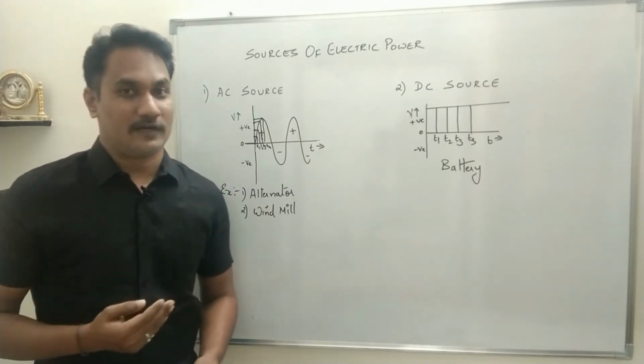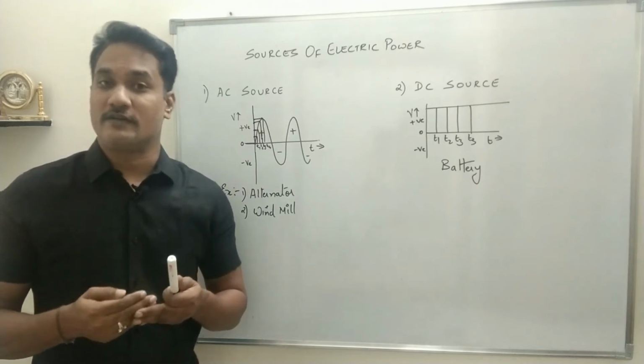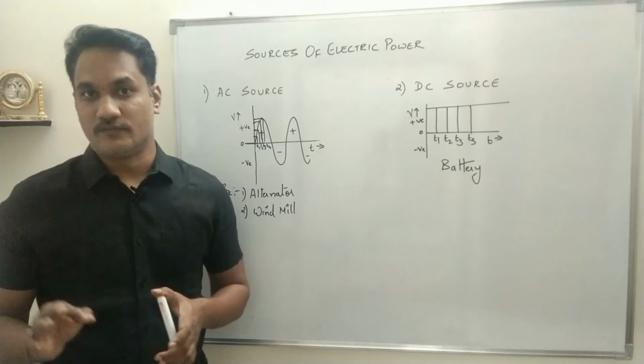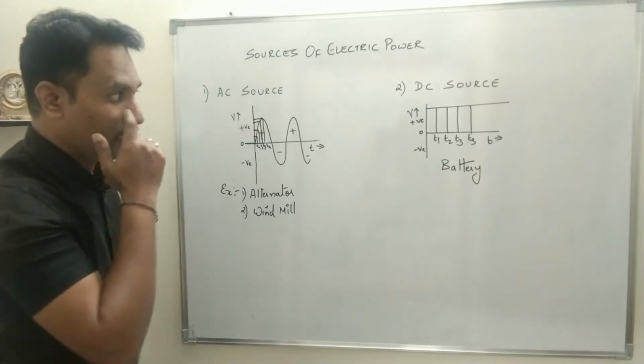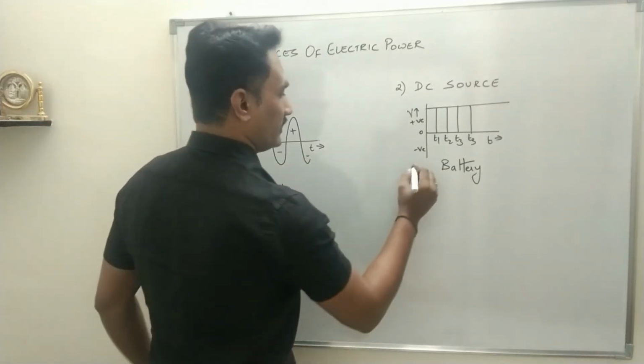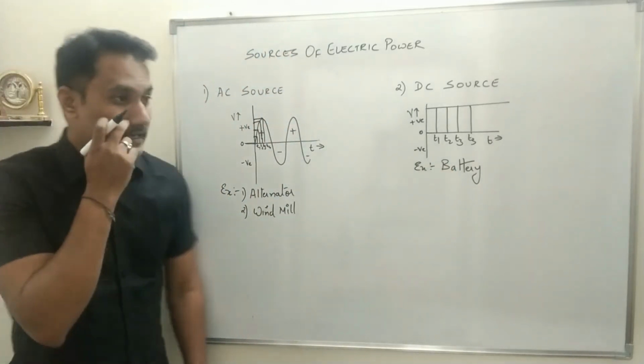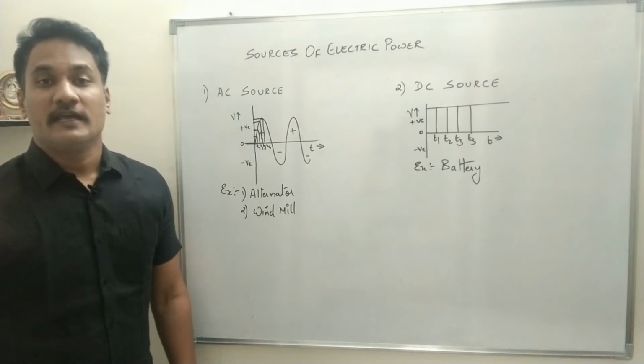That is what we will try to understand, and how it produces an AC waveform. So these things have to be understood. Both these examples are very important. A battery is an example of a DC source, and an alternator and windmill are examples of an AC source.